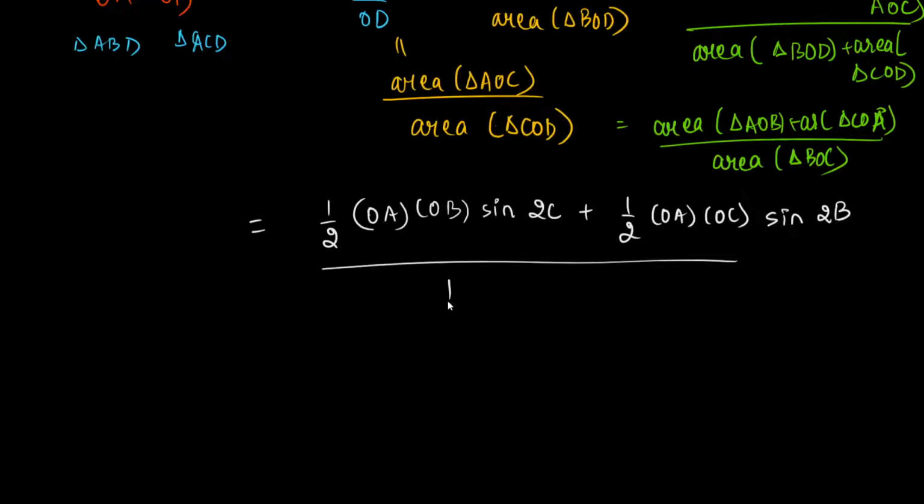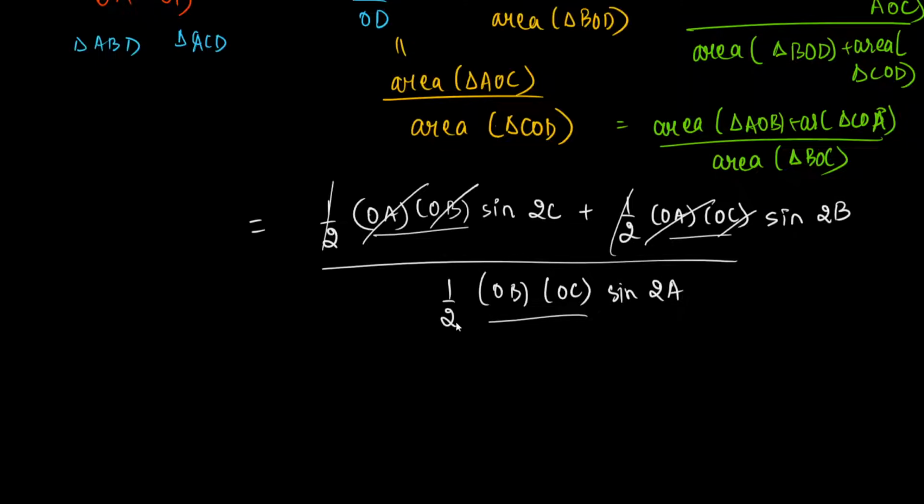And in the denominator, you have half into OB into OC into sine of angle 2A. You have two radii being multiplied together, and all of these are the same. Half is the same, so we cancel all of these out.